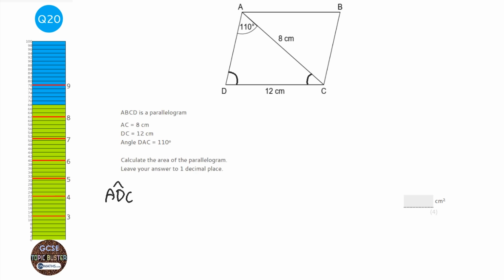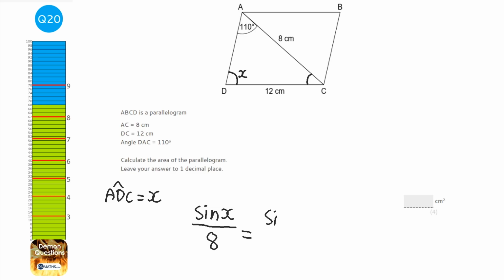Now to do that, let's call that x, so it's a bit easier to write. So I'm going to use the sine rule, and that says that sine x over 8 equals sine 110 over 12.